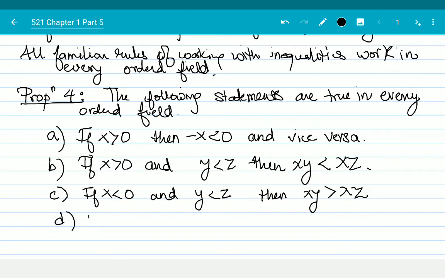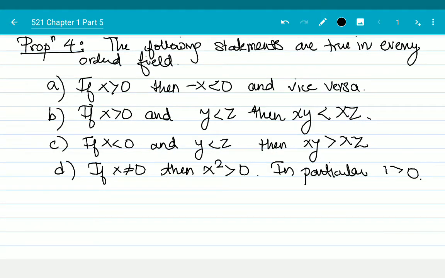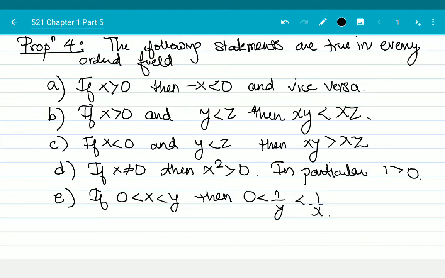D. If x is not equal to 0, then x squared is greater than 0, and in particular 1 is always greater than 0. Whatever happens, you can always say that 1 is greater than 0. And E, if 0 is smaller than x is smaller than y, then 0 is smaller than 1 over y is smaller than 1 over x. Okay?